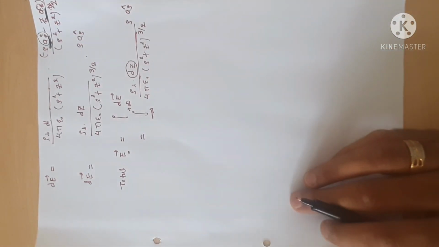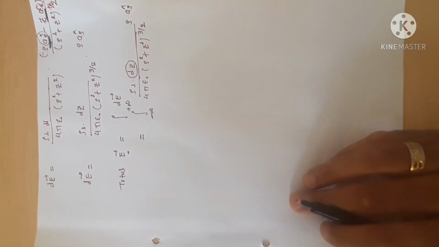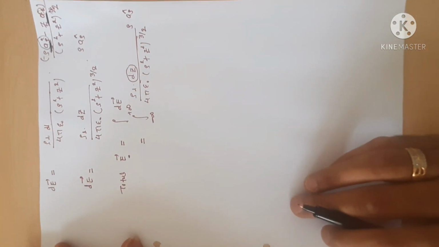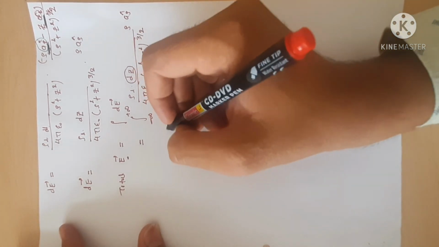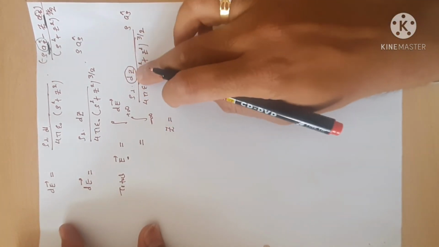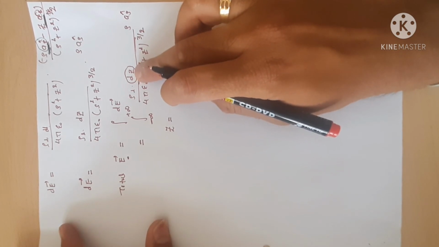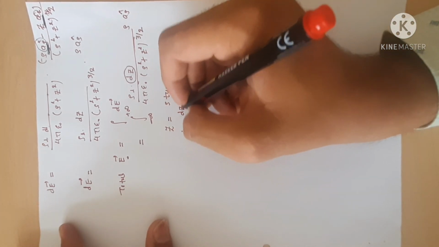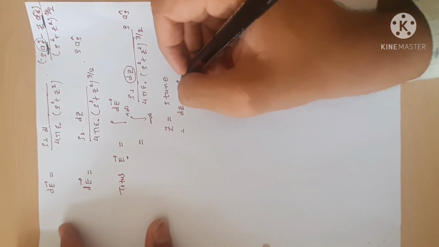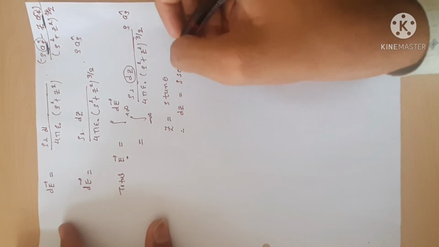Now how can we solve this integration? It's very easy, we just have to apply our integration formulas. Here z is the variable, because we take the integration with respect to z. So z is equal to rho tan theta, and dz is rho sec square theta into d theta.